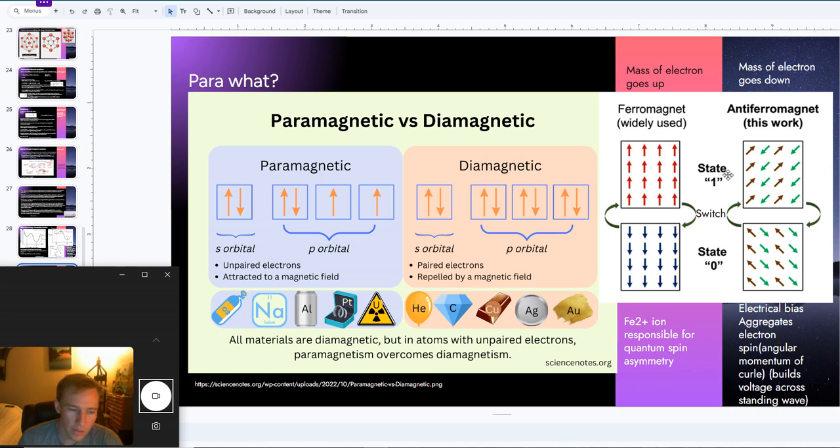One is like state 1, the other is like state 2. It's got this binary state, right? So the Fe2 plus ion is responsible for the quantum spin asymmetry, is what it's called, if you wanted to know, for iron. You know, because a lot of magnets are made out of iron and whatnot.